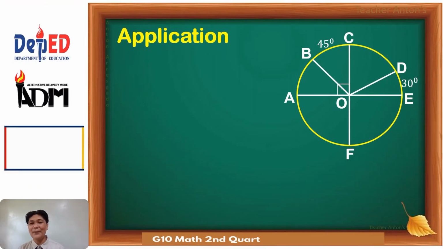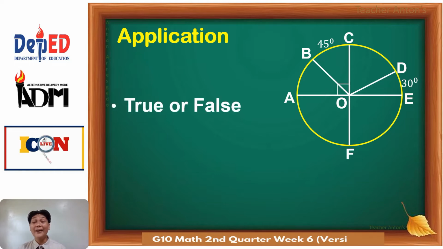Okay, by looking at the figure, circle O there has diameters CF and AE. Now we can find the number of central angles. So definition 1 is very useful in this case. Now, we have 3 statements here that we are going to evaluate whether true or false.